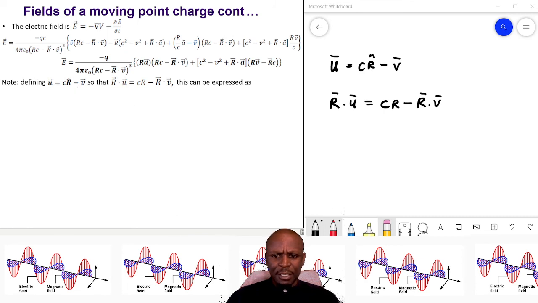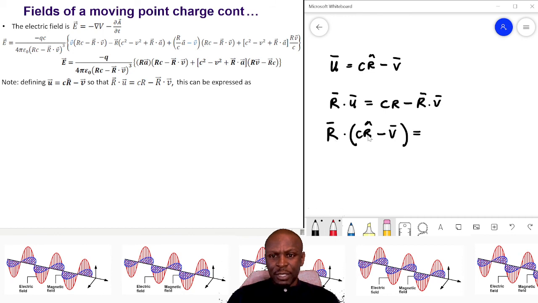Let me just do it for you here. R dot U: R dot, I'm going to have C unit vector R minus V. What is this going to be?